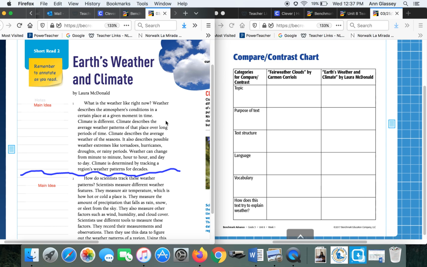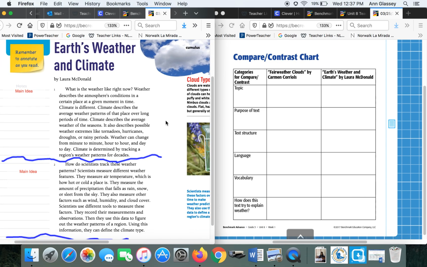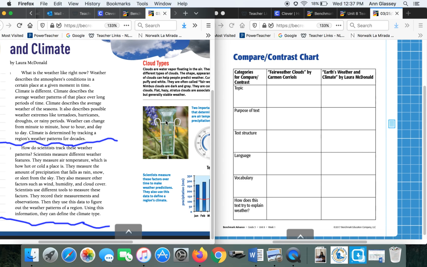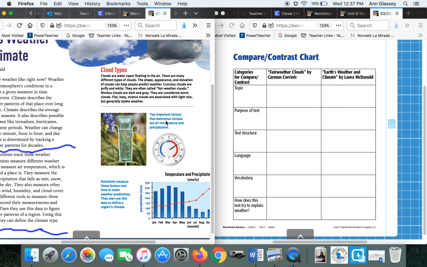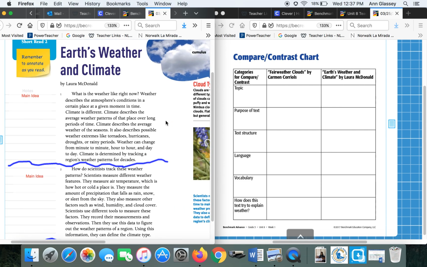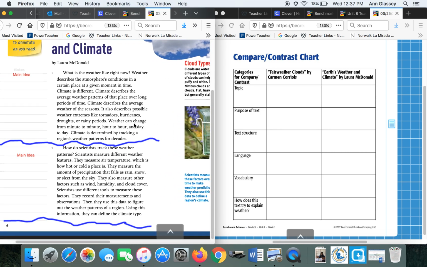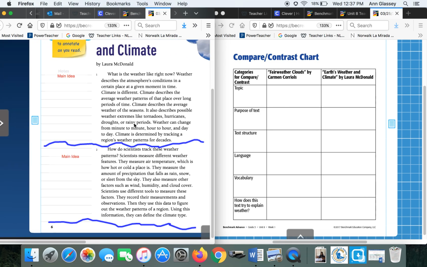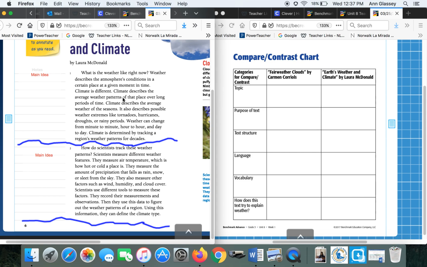What is the purpose of this text? Why did the author write it? To make you laugh or cry? To paint pictures in your head? Or to give you facts about weather and climate? Why did the author write this? Note it on your paper from home.